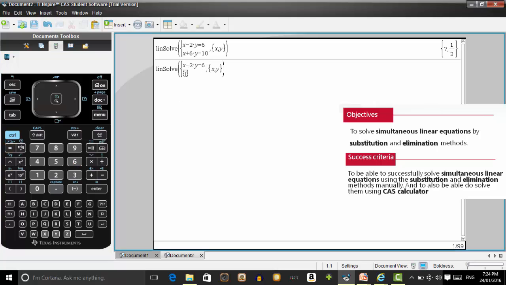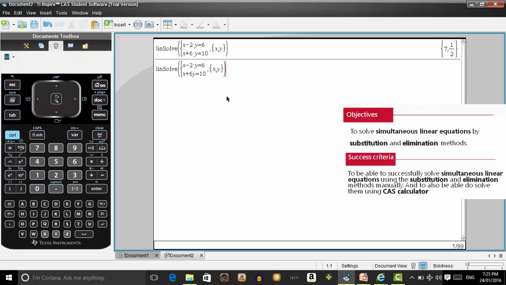The second equation is x plus 6y. You can put 6y, but it's better to get into the habit of putting 6 times y. It's extremely important when you don't have numbers but letters. But anyway, this is another way you can do it: 6y equals 10, and when you finish, it will change it to 6 times y.